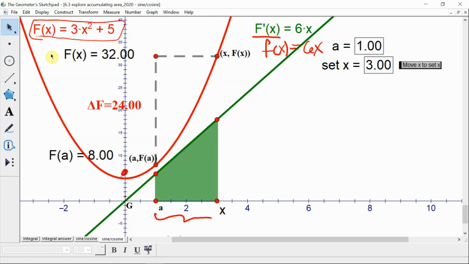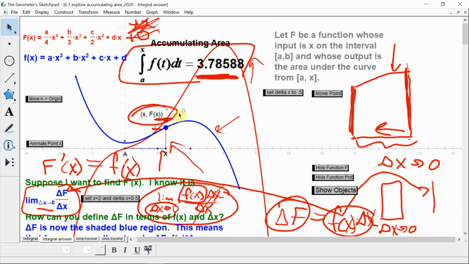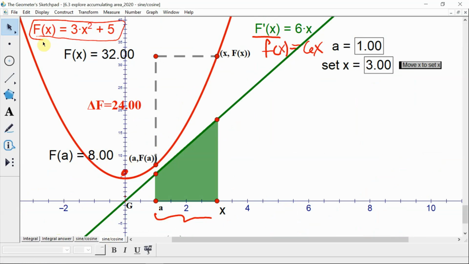So when we go back to that other page, notice that it was the y value. It was the y value in this messy screen because this graph happened to go through 0. So then the accumulated area here would be equal to that y value. In this case, that's not true. But that's a really simple fix.